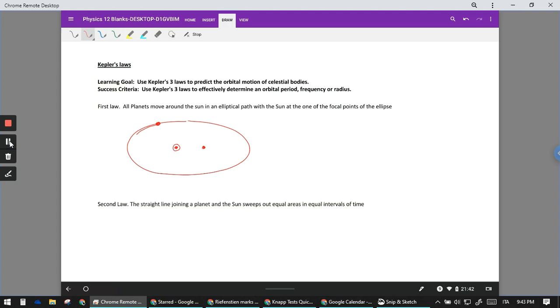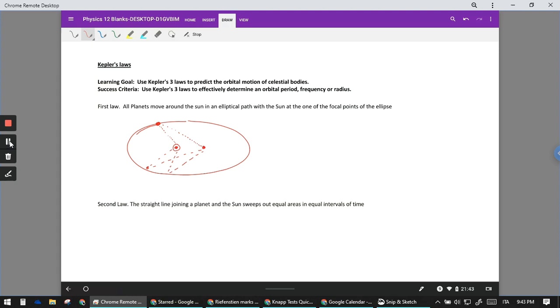Now, a bonus little piece of information, the definition of an ellipse, is that this plus this, those two distances, is equal to this plus this, or this plus this.